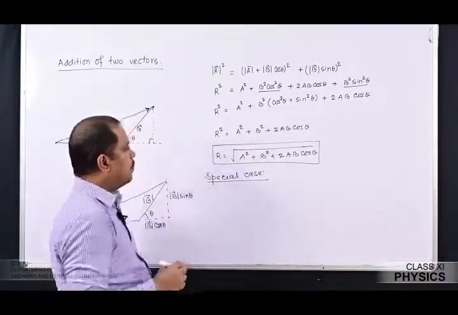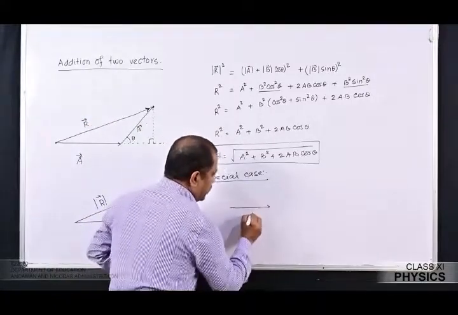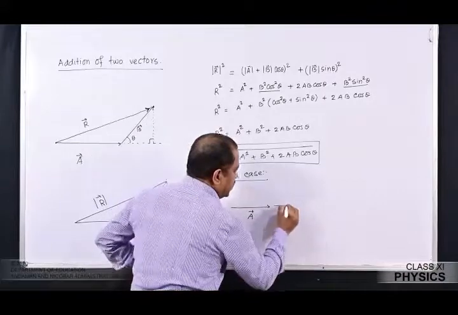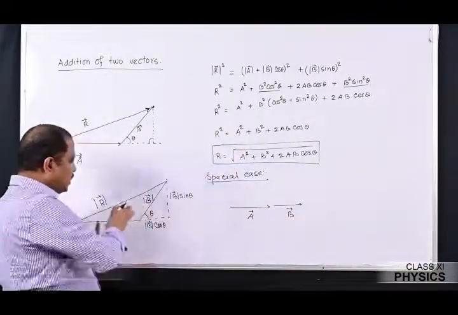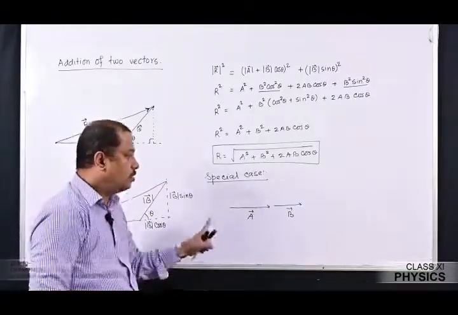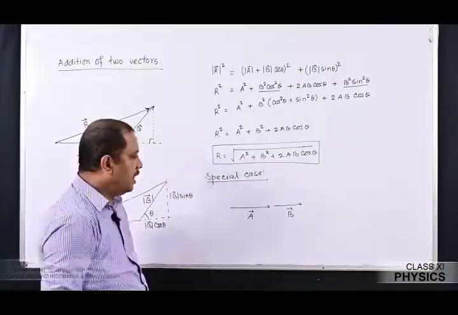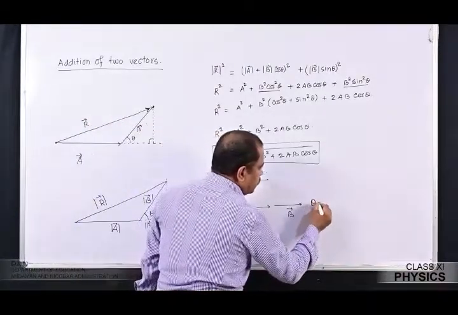Let me suppose that the two vectors I have, say this is vector A and the second vector is like this B. This time A and B both are lying along the same line, or they are collinear. In that case, the angle between them is 0.